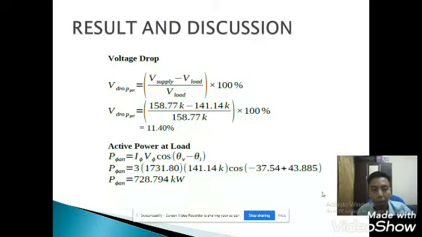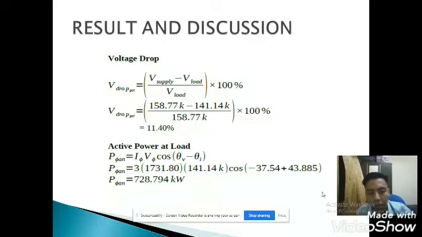For active power at load is equal to I phase times with V phase times with cos voltage minus current.